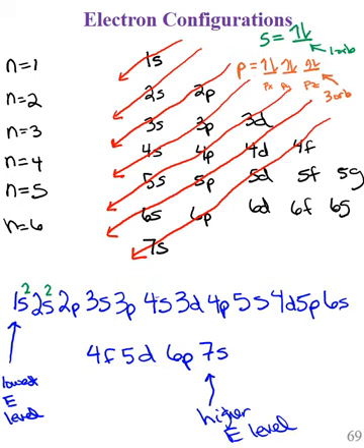So the p can hold a total of 6 electrons. So wherever you see a p, you can write in 6 electrons. And wherever you see an s, you can put in 2. So 3s2.